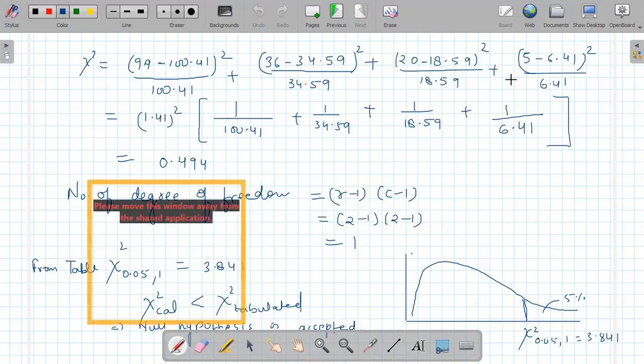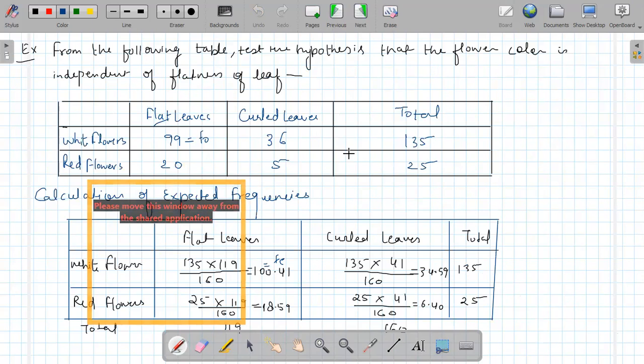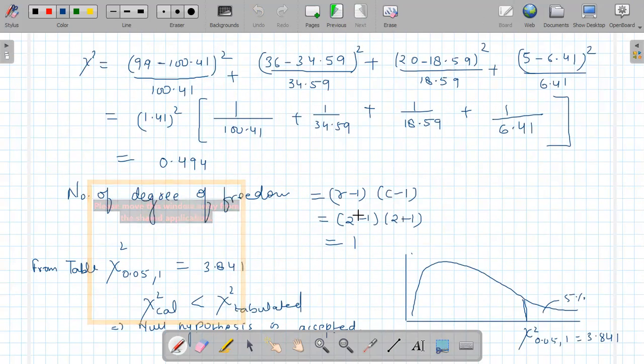Similarly, we do this for each and every entry and solve it. We get 0.494. Then we find the degree of freedom, which is (row minus 1) into (column minus 1). The total number of rows is 2 and the total number of columns is also 2, so the degree of freedom is (2 minus 1) into (2 minus 1), that is 1.